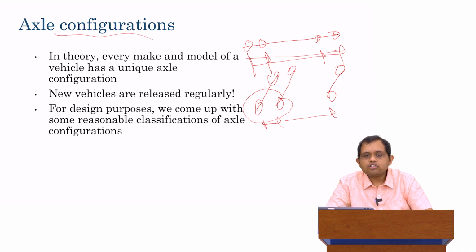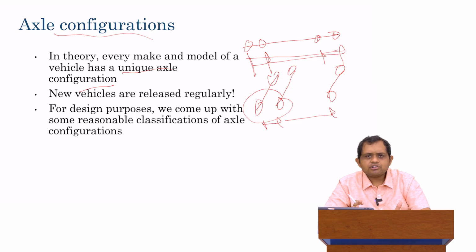The shape and size of an individual axle as well as the distance of the axles between each other for a given vehicle. Now, in theory, every make and every model of a vehicle has a unique axle configuration. You should know that there are many car and truck manufacturing companies in India. They come out with new models every year. Every time they come out with a new model, the axle configuration changes. Now, why exactly do they change it regularly?